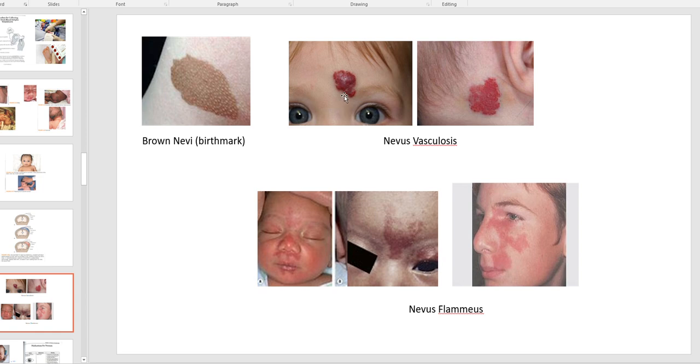Right here, this is the strawberry mark. Okay. This is the brown nevi. And the nevus flammeus is the port wine stain. Okay. Usually fades a little bit, but not always. All right.